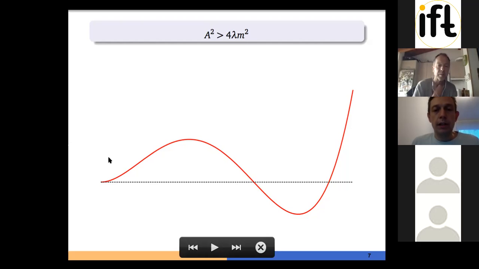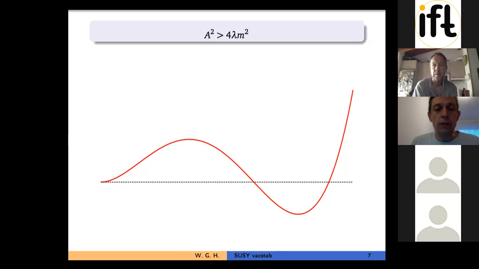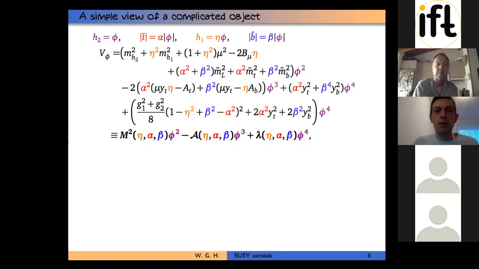You would find at the end either non-vanishing probability to tunnel from this vacuum to the deeper one, or you do a conservative estimate and say, okay, the electroweak vacuum you were starting with is not the true minimum of the theory, it's not the global minimum, not the true vacuum of the theory, so we exclude this point. And this is basically what I'm going to show a bit on the next slide.